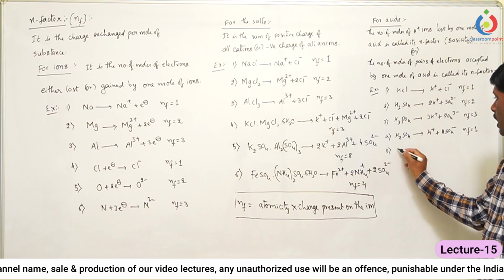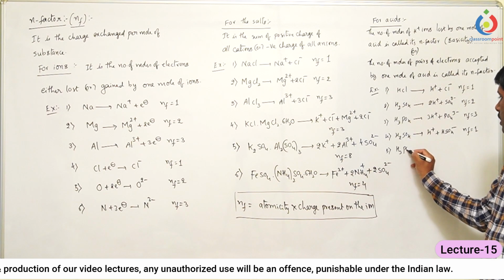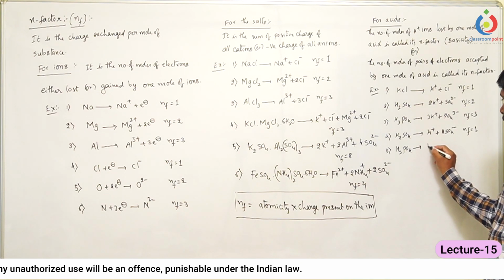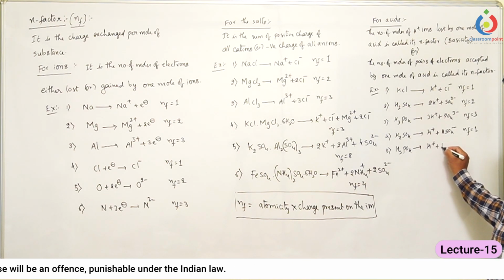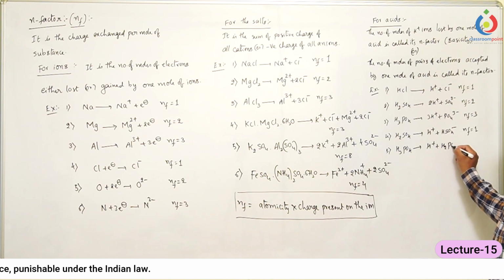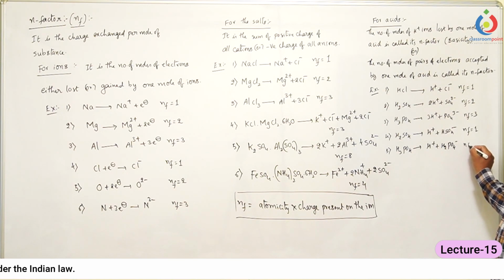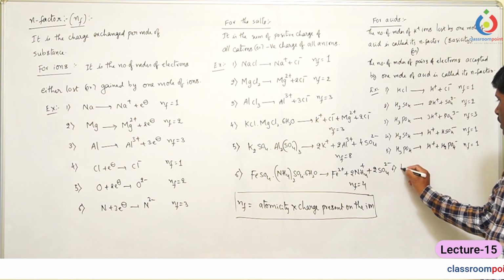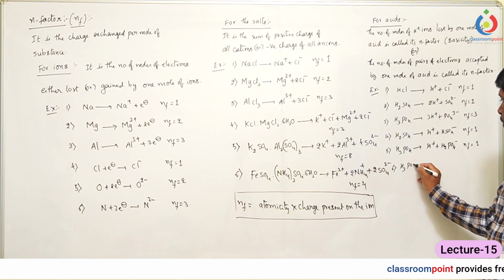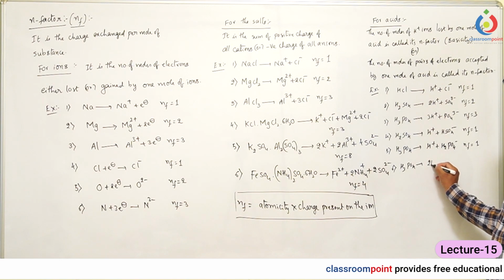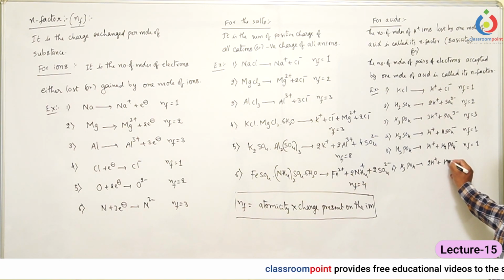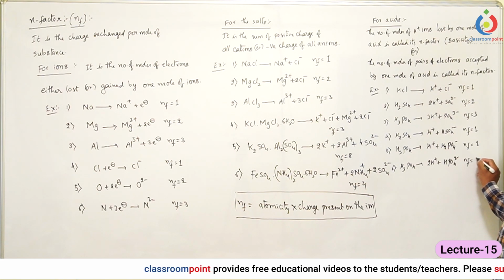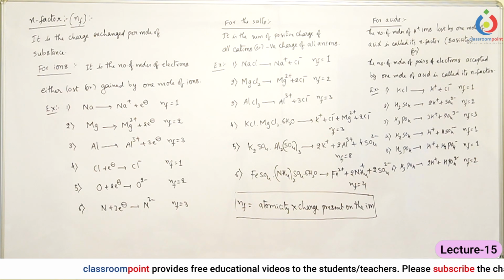And similarly, H3PO4 is there. H3PO4 can release the H plus ions in a sequential manner. If it releases 1 H plus ion and maintains the 2 H plus ions with it, then N factor is equals to 1. Or else you can write down the same H3PO4, if it releases 2 H plus ions plus HPO4 2 minus ion, in such cases N factor is equals to 2.